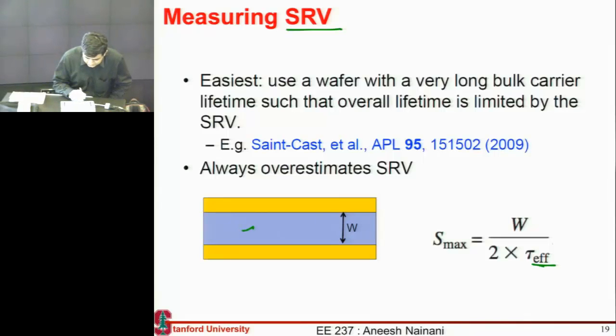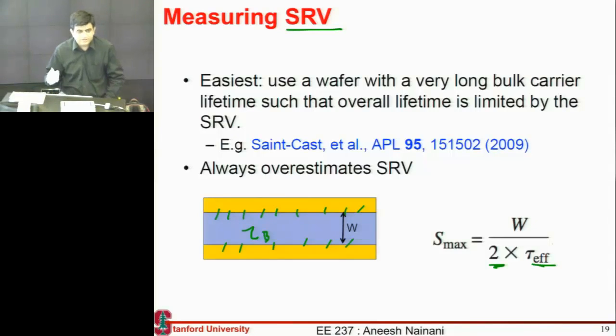Assuming it has no recombination in the bulk, you assume that all of this recombination must have been happening at the surface. And you have two surfaces, one at the front and one at the back.